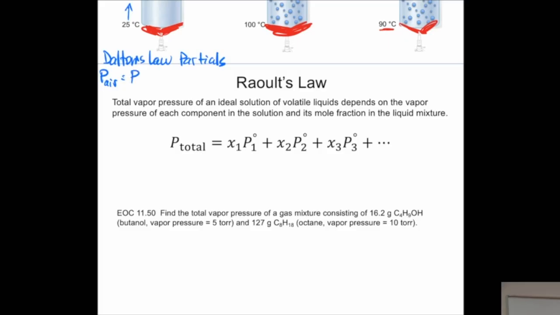So the partial pressure of nitrogen gas, plus the partial pressure of oxygen gas, and there's also some argon in there, and some other things as well, like carbon dioxide and carbon monoxide. But let's just talk about these three, because they comprise the three major components of atmospheric gases.